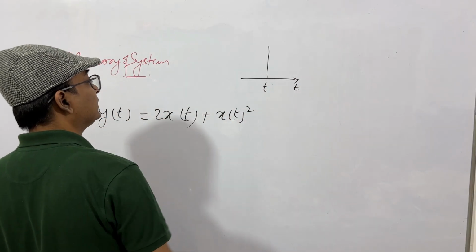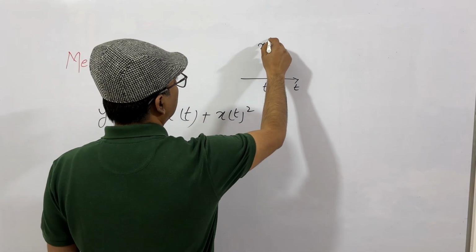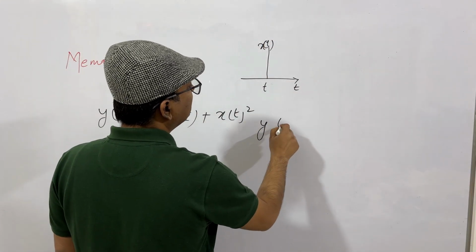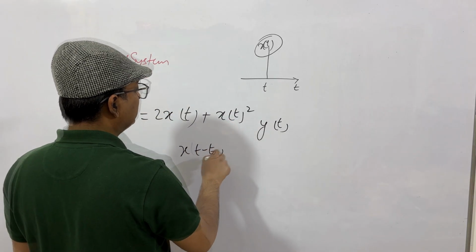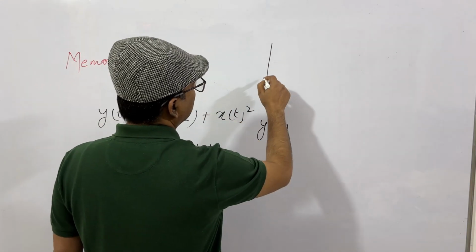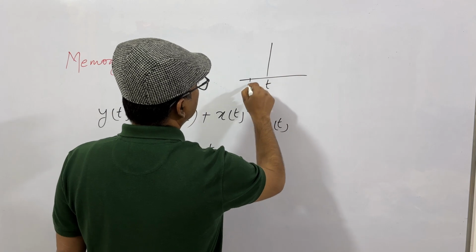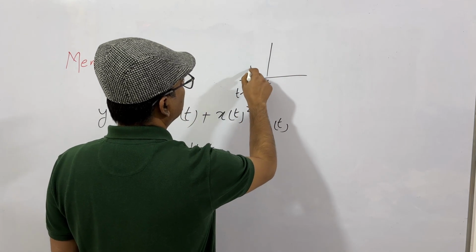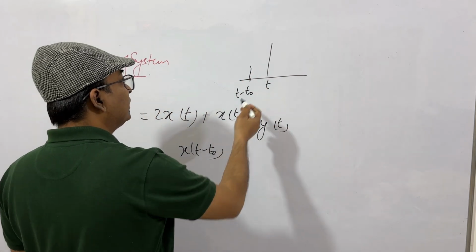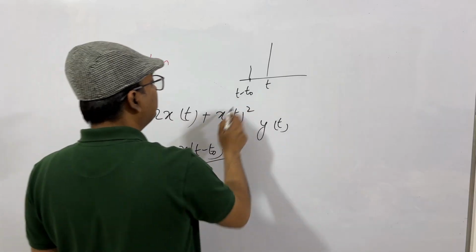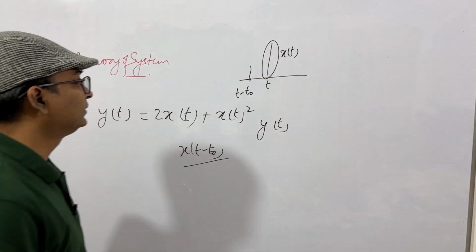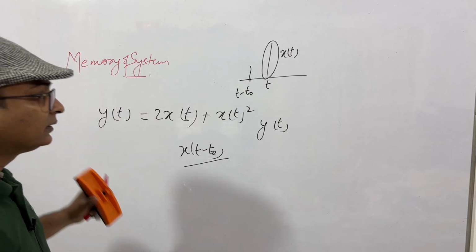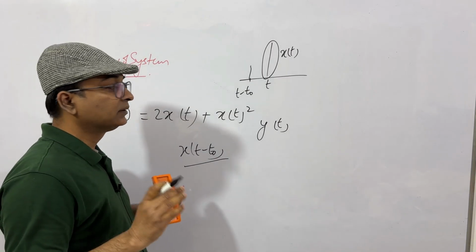So if this is the system and we have a certain value and y is dependent on this value only, it is not dependent on x(t minus t0). Let's say this was at t and this is at t minus t0. It is not dependent on that value, it is dependent on the value of x at t only. This is a system that is memoryless.